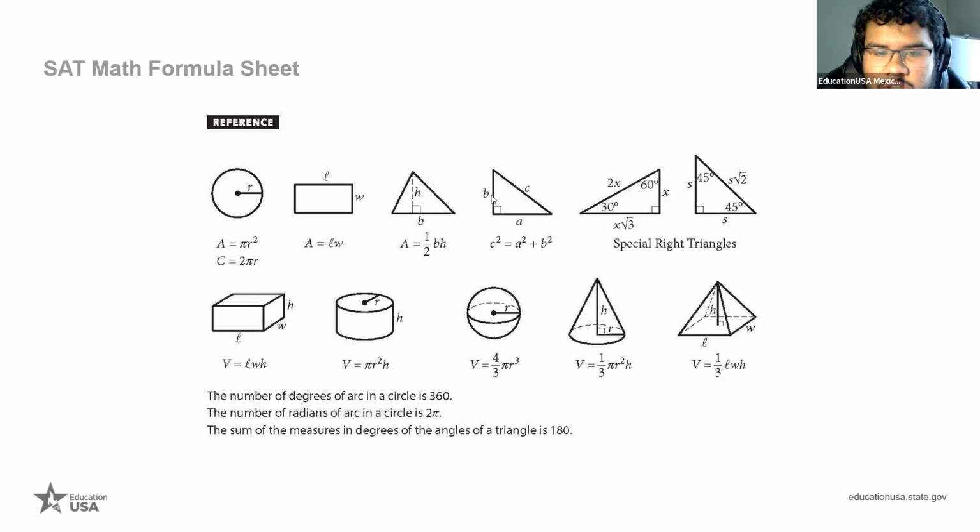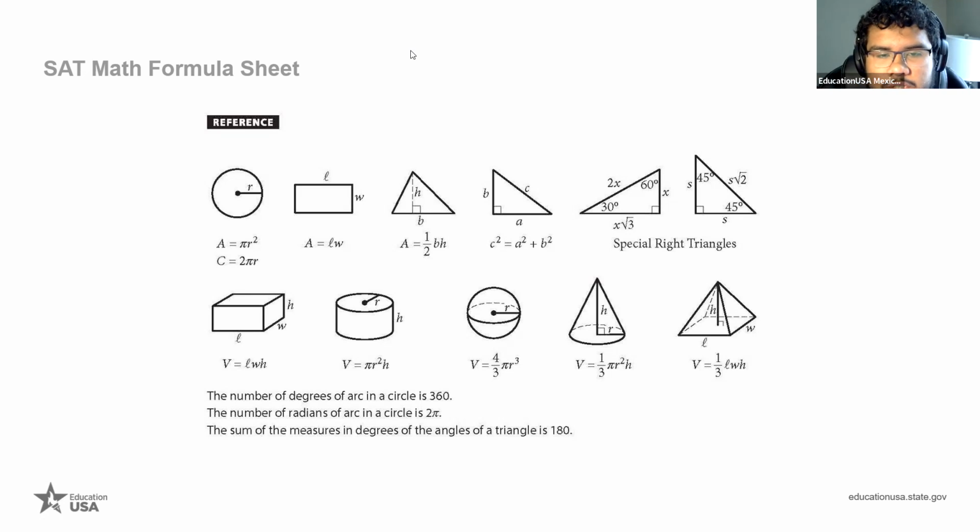So the angle between B and A here, for example, in this right triangle is 90 degrees. And that means the angle between B and C, like this one, and the angle between A and C, those two will add up to 90 degrees. And therefore, all three angles in the triangle will add up to 180 degrees. So that's what it's saying.